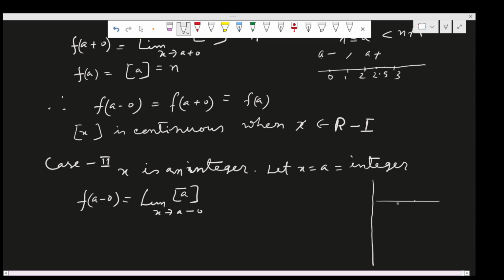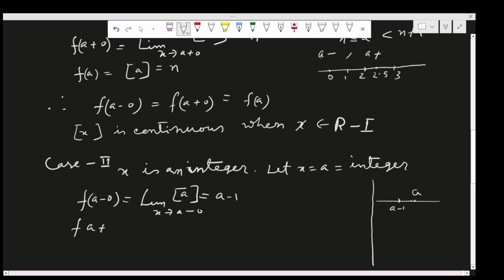Suppose integer a, just less than a, that means x, this is a minus 1, is approaching towards a, just less than a, that is from this side. Then greatest integer of x when x approaching towards a minus will be a minus 1. I think you have understood this.